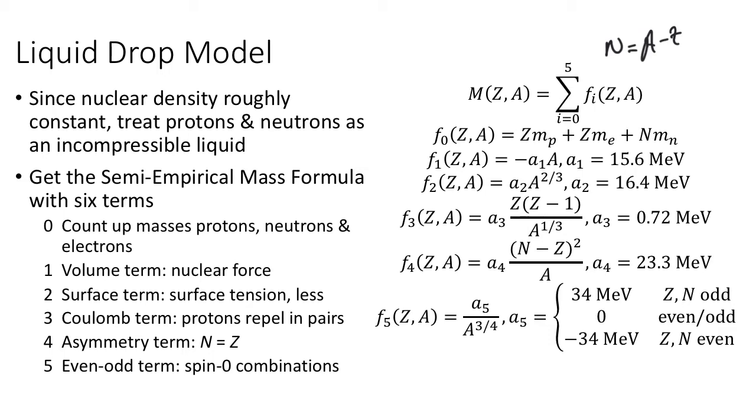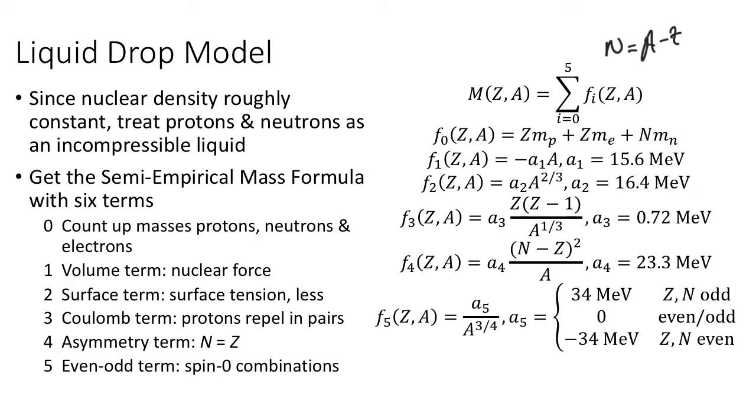And so the ones at the edge go as the surface area of the sphere, which will go as the square of the radius, and the radius is proportional to A to the 1/3. So the 1/3 power of the number of particles squared is A to the 2/3. This gives the surface area of the nucleus, and then we multiply it by this factor A2, which is 16.4.